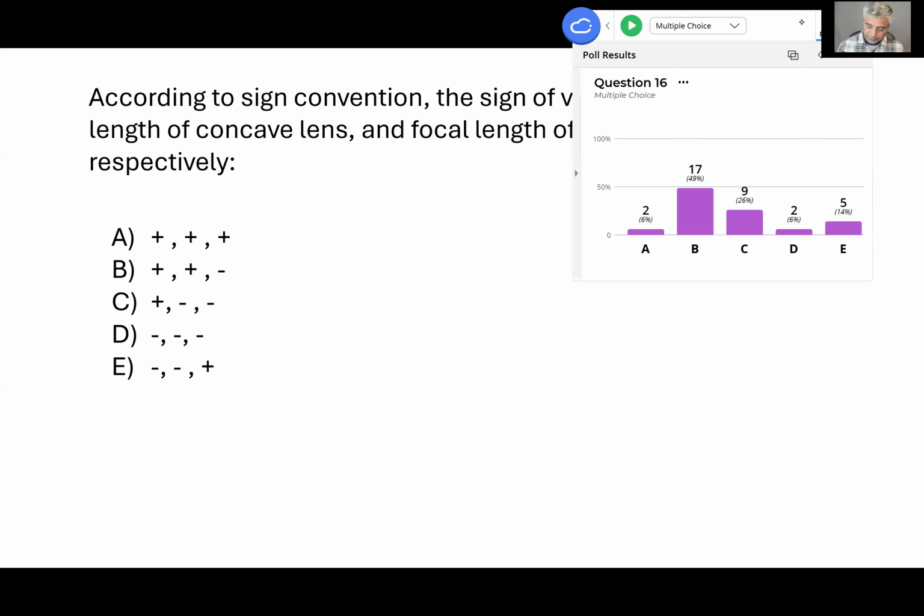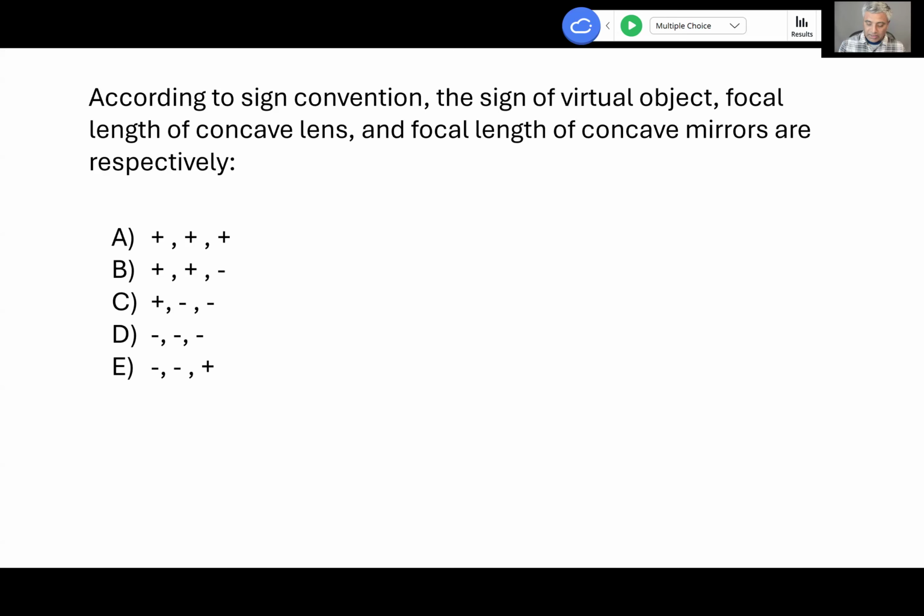Let's see what we got. We got a lot of B and there are some C. Sign of a virtual object: virtual means negative. Focal length of a concave lens: a concave lens is this kind of diverging lens, so that means it is negative.